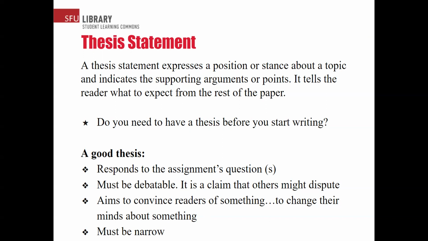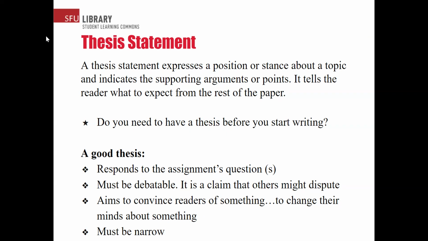So thesis statement is not something that is fixed, and you don't necessarily need to have a fixed thesis before starting writing your essay. It may change as you read more and as you write your first or second or other drafts of your paper.